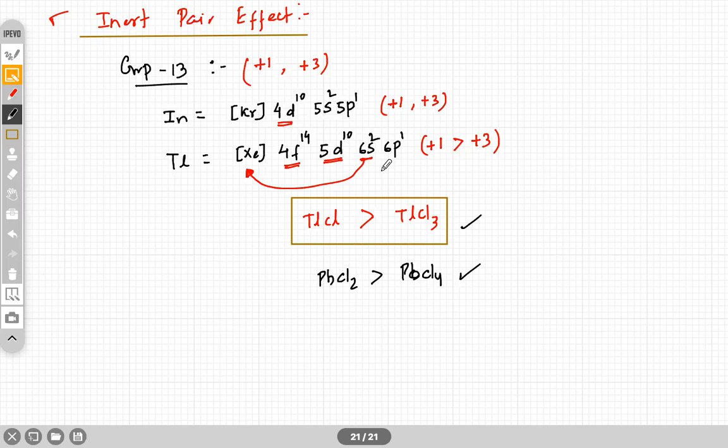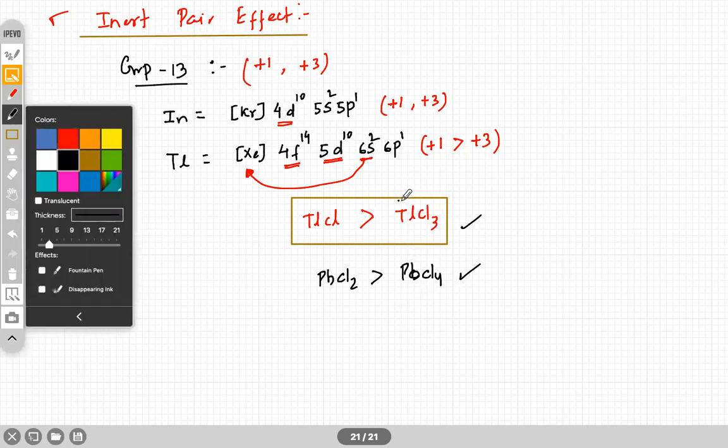Okay. Clear, guys? Can you just repeat one last time? Why is TlCl3 very rare, like it's not possible? See, obviously if you see TlCl3, the oxidation state of thallium is +3 here, and here it is +1.